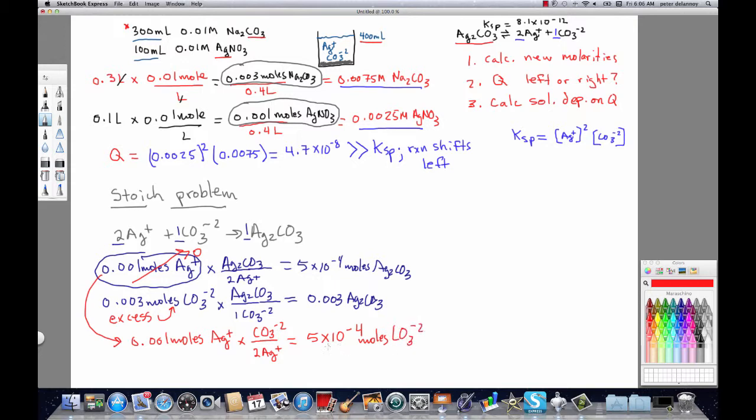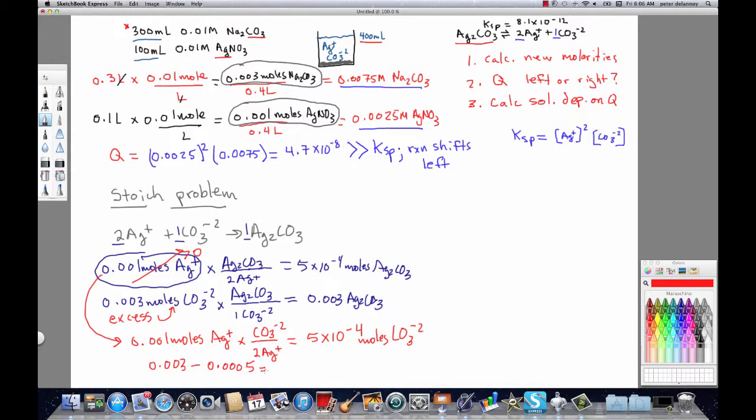So now to figure out how much carbonate remains here, all we've got to do is take the difference. So it's going to be 0.003 moles minus 0.0005.